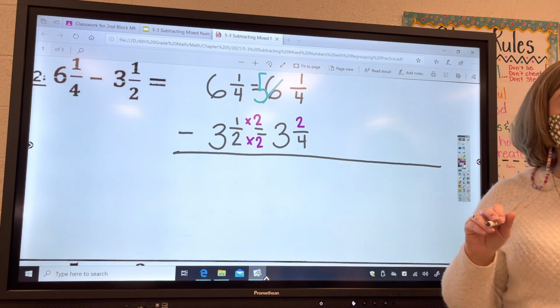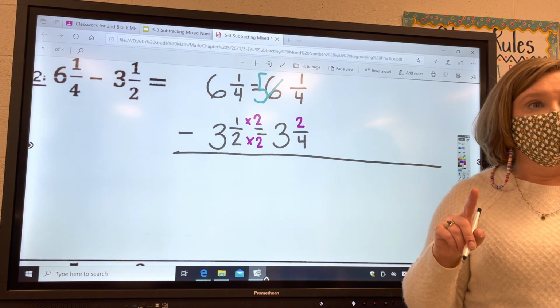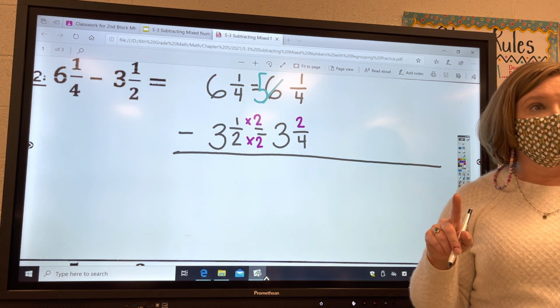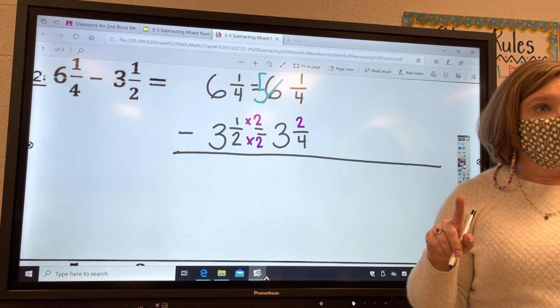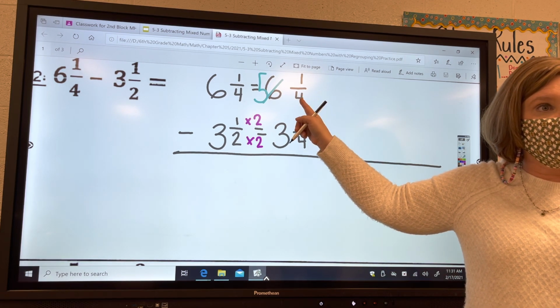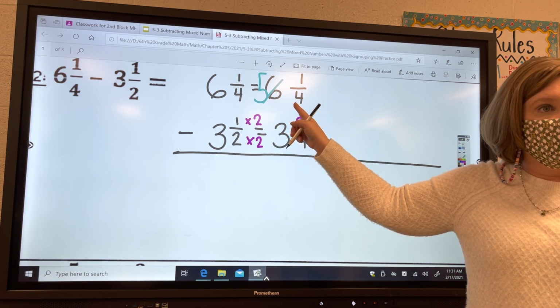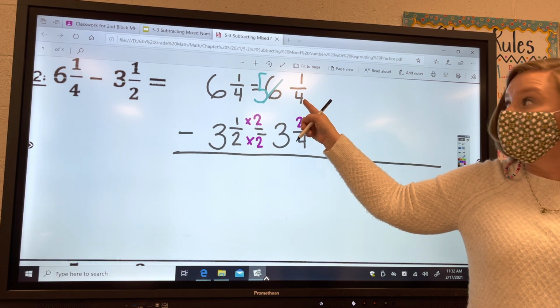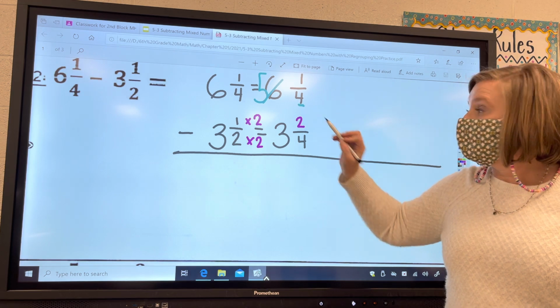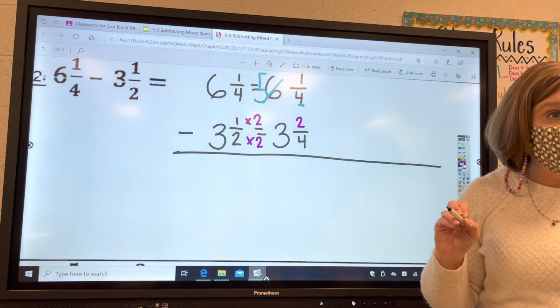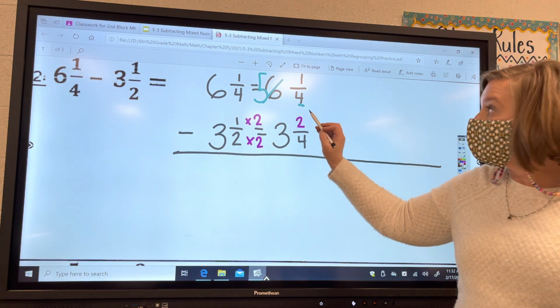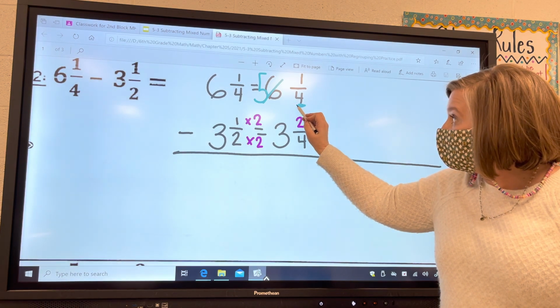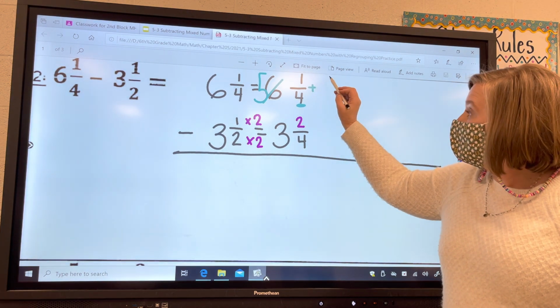Now, how do I want to rewrite my whole? What do I want my denominator to be? The same. 4. So I want it to be 4.